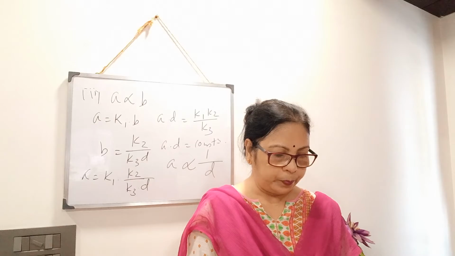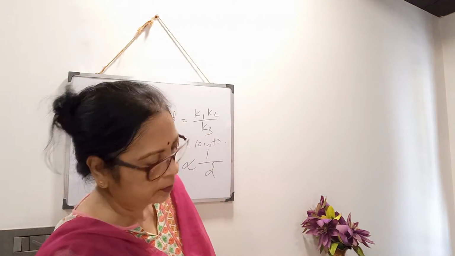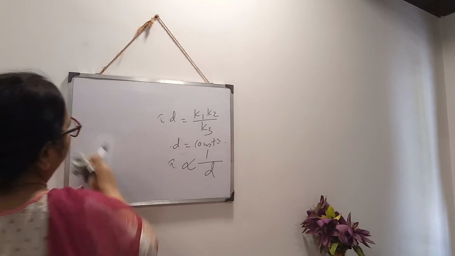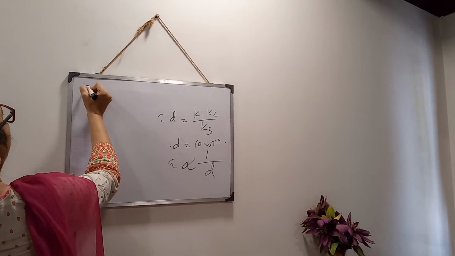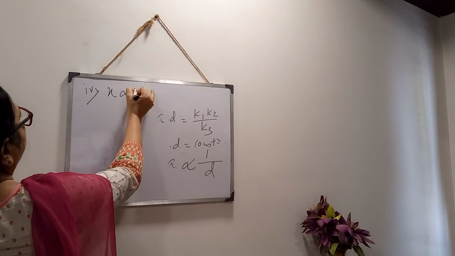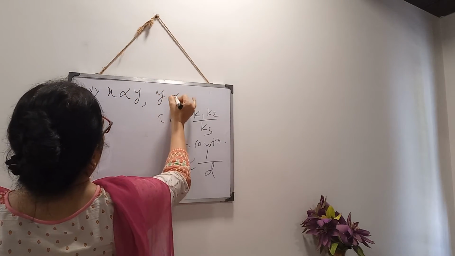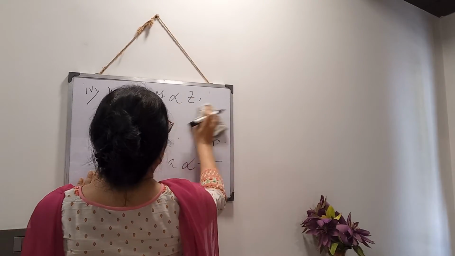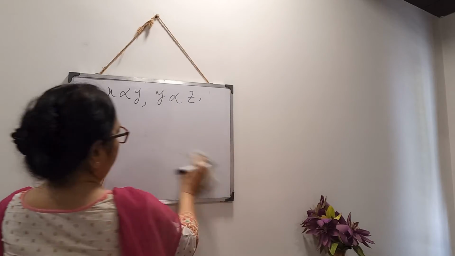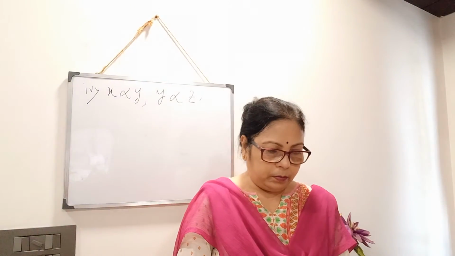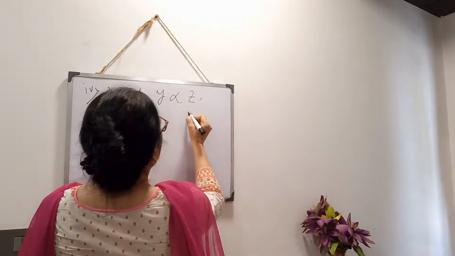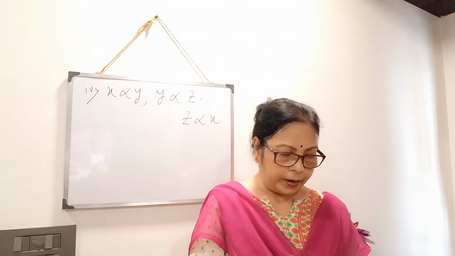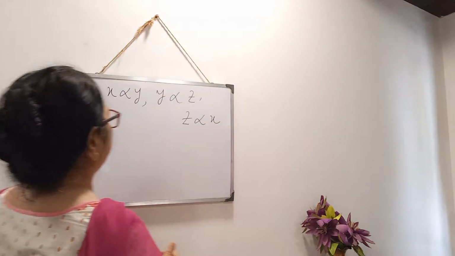Number 4, you will see in the test paper. X varies as Y, Y varies as Z, and Z varies as X. Then find the relation among the three constants of variation.